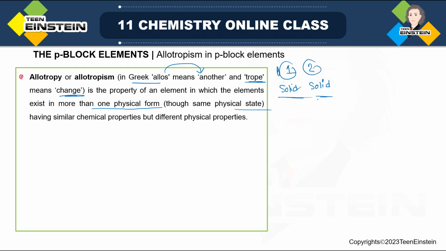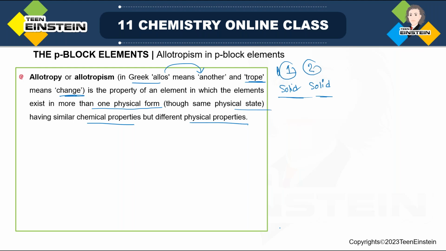I'm not saying that it has to be the same physical state, it may not be so, but even if they are in the same physical state, they may still be different. So different physical forms, but chemical properties will be the same. Physical properties are not the same, because when they have different bonding patterns and structures, obviously melting point, boiling point, density, everything will differ.